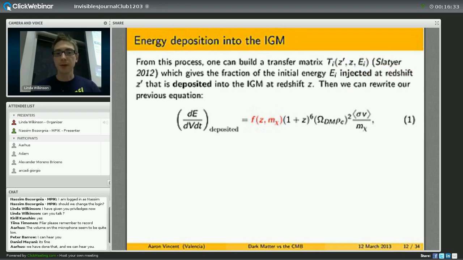So in that way, from this transfer function, and this has been calculated and tabulated very nicely by Tracy Slatyer last year, we can rewrite our energy injection exactly in the same way as before, but with some function f, f of redshift and dark matter mass, that parametrizes this energy deposition efficiency.